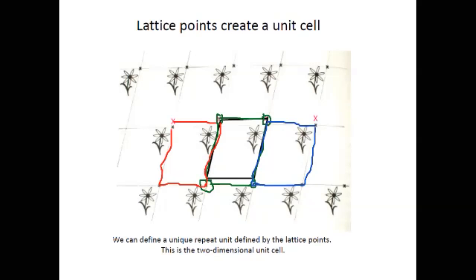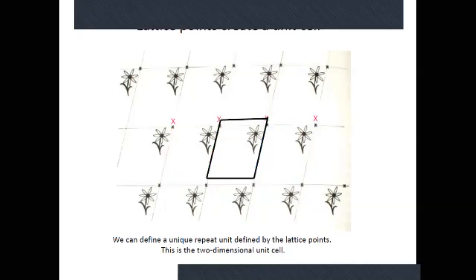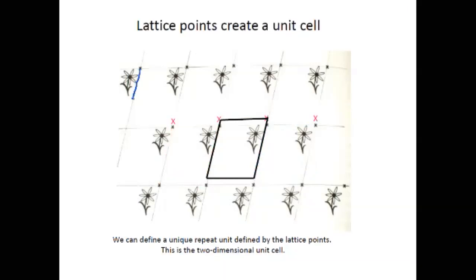Now, for example, let me clear these out. For example, let's say we decided to call this a unit cell. So we looked at this lattice point, we connected it, and we formed a new unit cell, and we say, okay, we're going to define this as the unit cell for this 2-dimensional lattice.